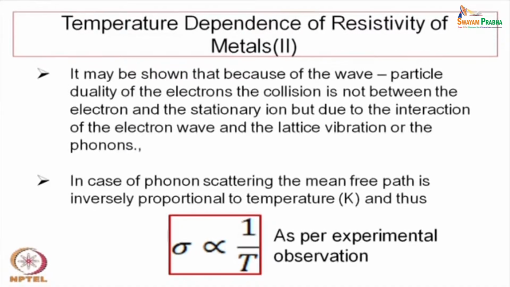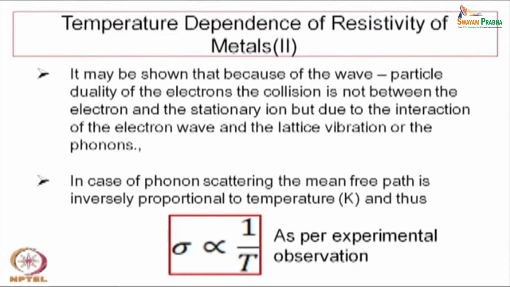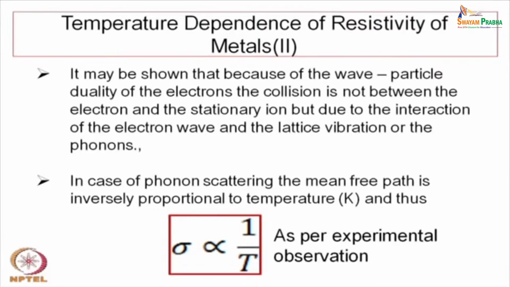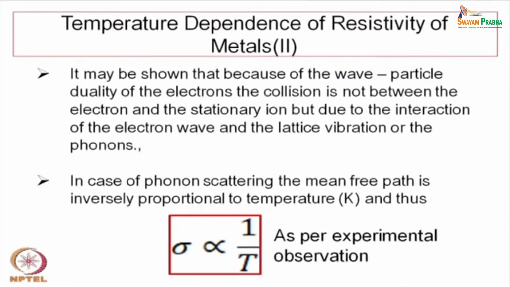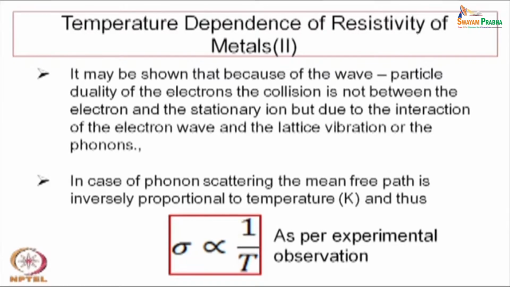So, it is basically a wave, and that wave is interacting with the lattice vibration, because the lattice is also vibrating and it has different modes of vibration, and those are called phonons.